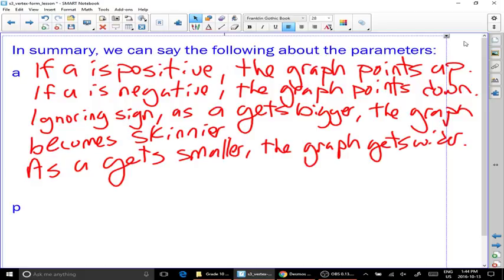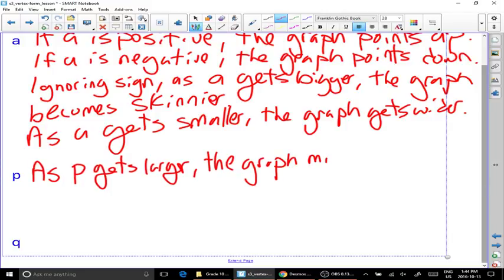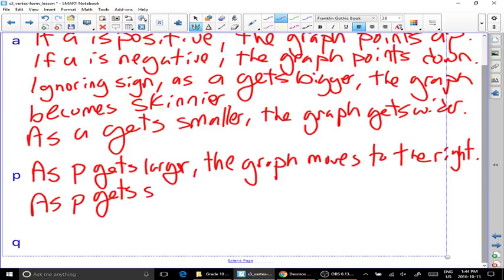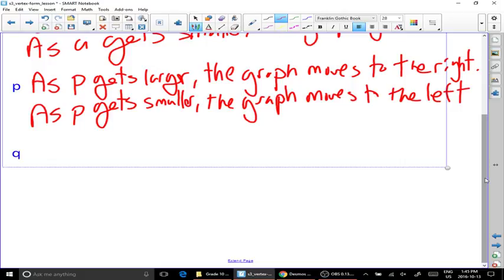We can also say a few more things, obviously, about p and q, and something else that we haven't quite said yet, but we'll get there. As p gets larger, the graph moves to the right. As p gets smaller, the graph moves to the left. q is similar.